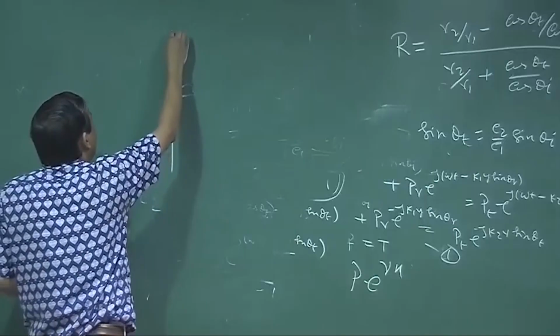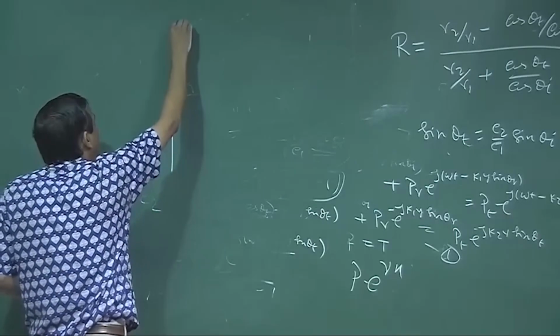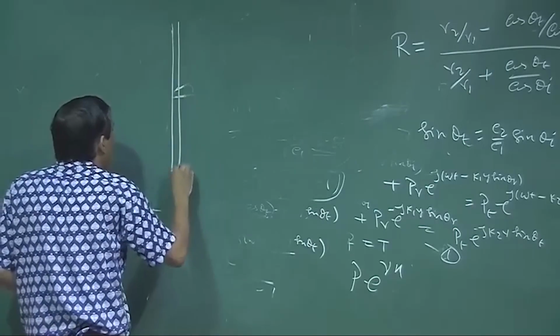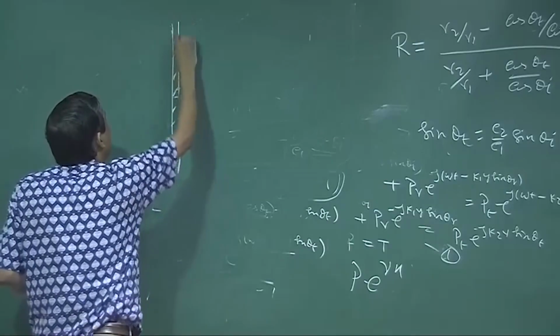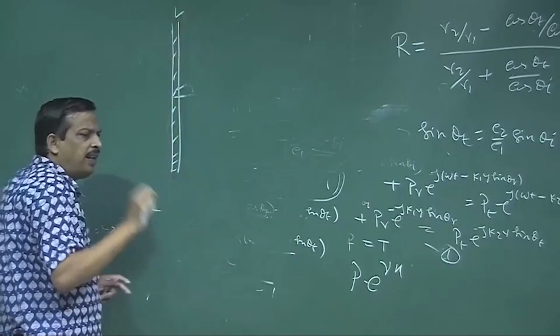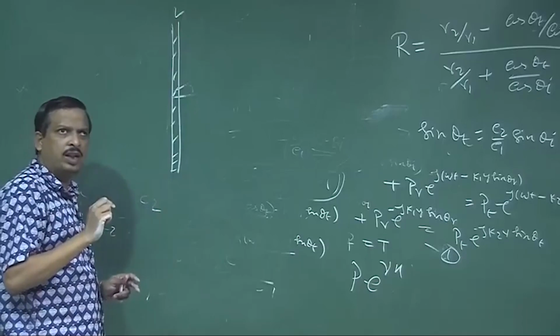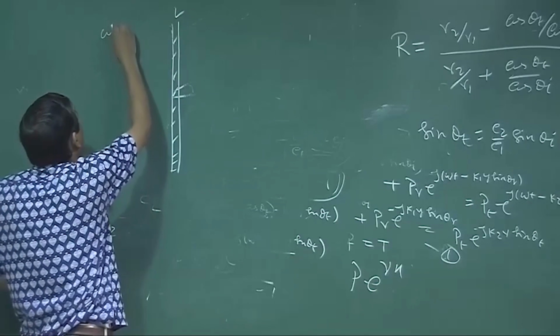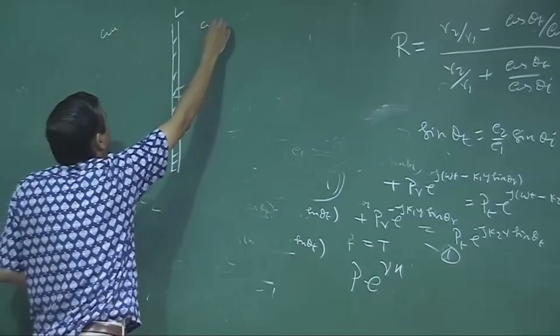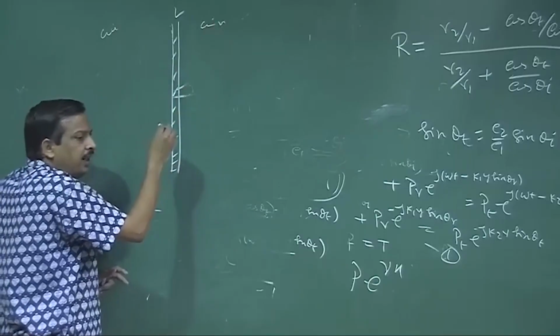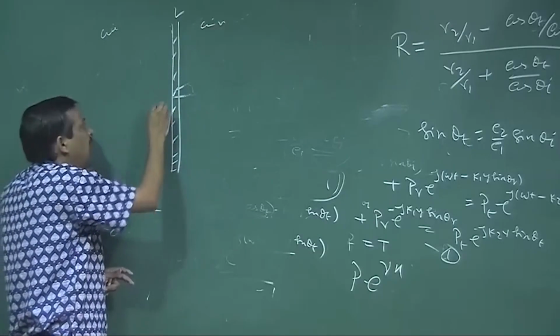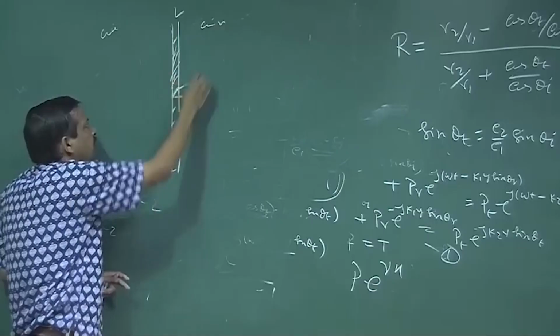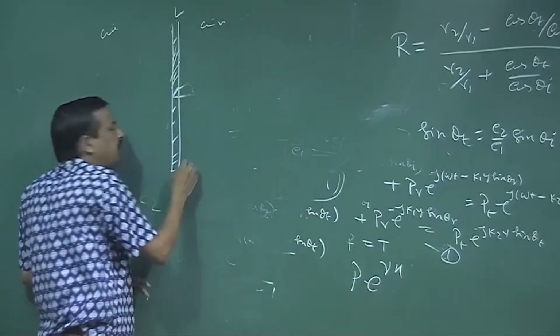This is the partition wall, whose thickness is L, which is very low. This side is air, in the factory, and this side is also air. This is the intervening layer, my enclosure room.